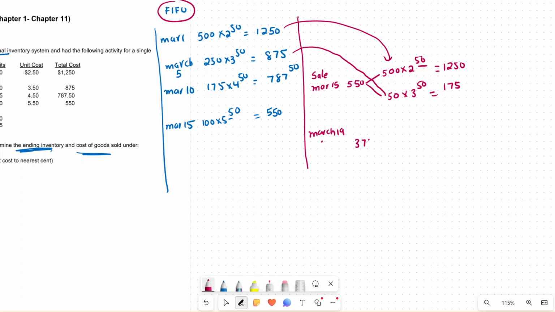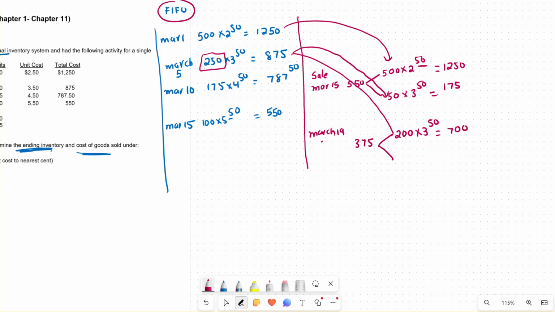We sold 375. This inventory has 250 units. We already sold 50, so we're left with 200 units. We sell the leftover 200 units out of that inventory at $3.50.